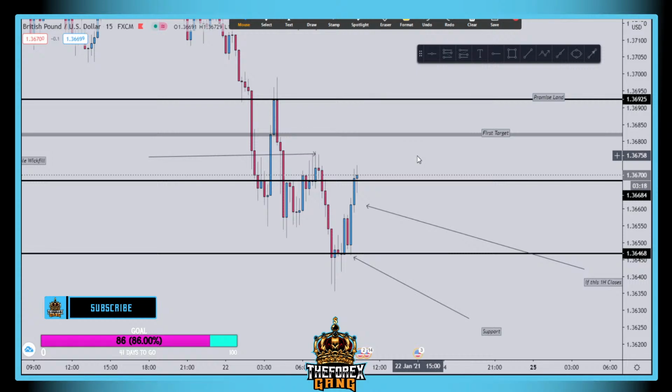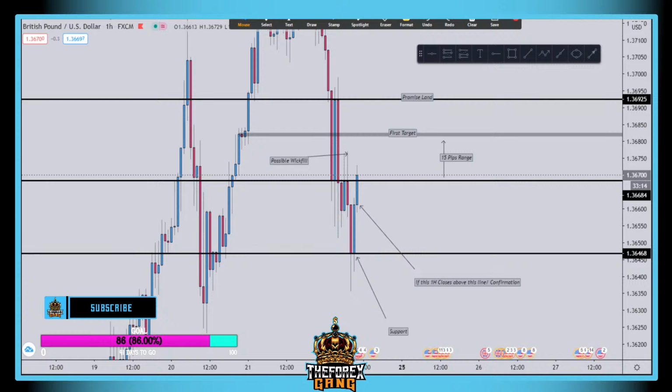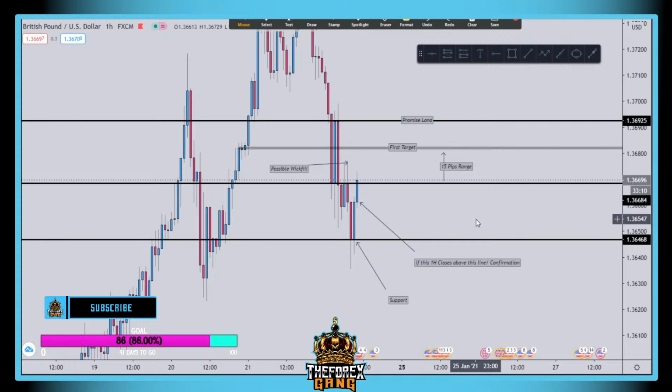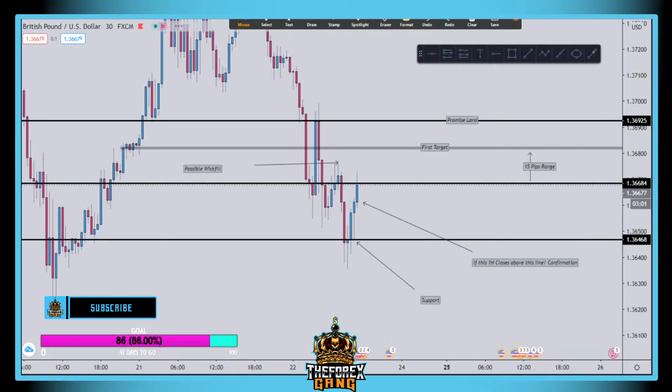Can you open 1 hour and do the pip count? It's so nice when it's labeled. So I want to see where this 30 minutes is going to close.